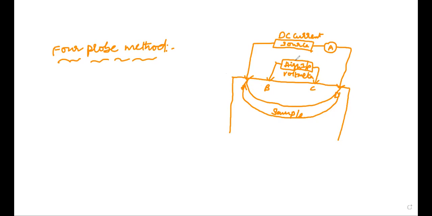A high impedance current source is used to supply current through the outer two probes, B and C. A voltmeter V is connected in parallel to the inner two probes, which is used to measure the voltage across the inner two probes to determine the sample resistivity. So this is the simple construction of the four probe method.